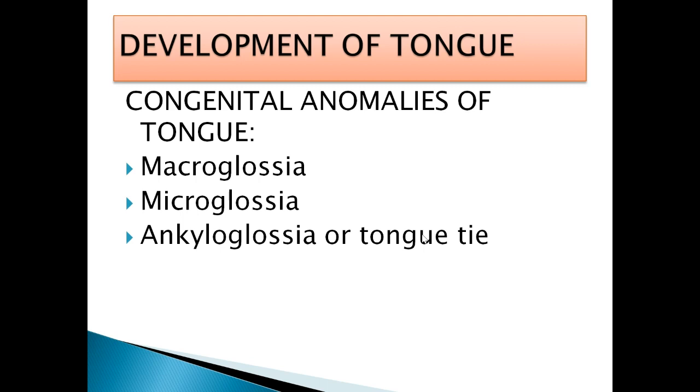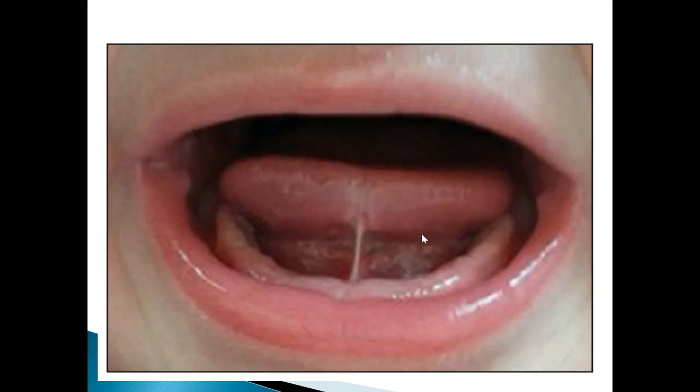How we can identify the ankyloglossia? There will be the shortening of the frenulum linguae in the dorsal part of the tongue, and it will be released by the surgical approaches. So these are the abnormalities of the development of the tongue.